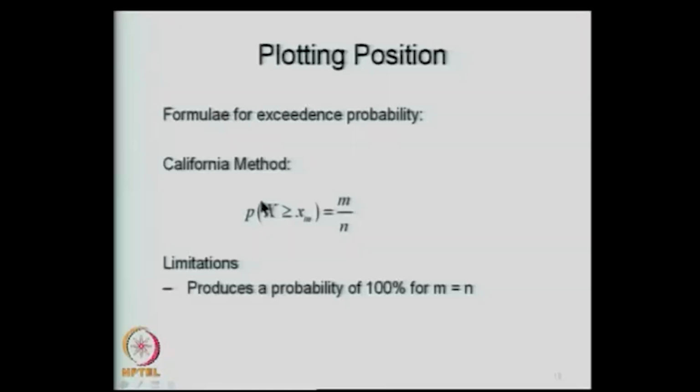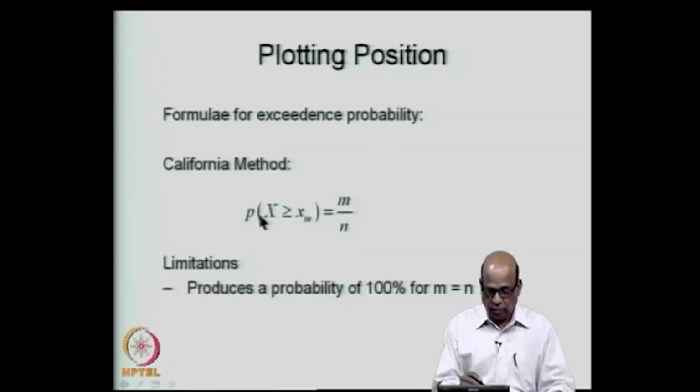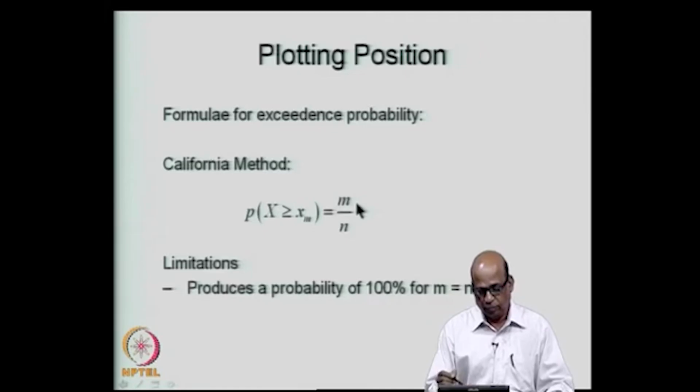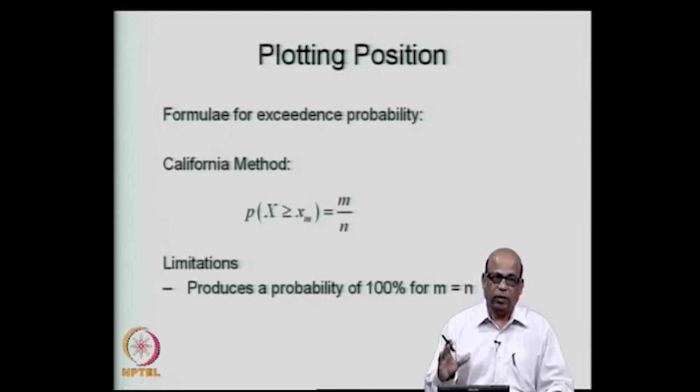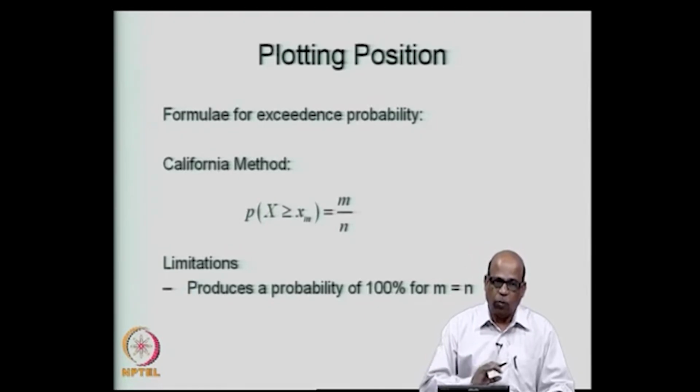So, the California method says the probability, this is a plotting position, is simply given by m divided by n, where m is the rank that we have provided to the particular data point. So, x m is that particular data point, m is the rank associated with it, and n is the total number of values. Now, this has a limitation that it produces a probability of 100% for m equal to n. The moment we assign a probability of 100%, it means that we are sure our data captures all possible values.